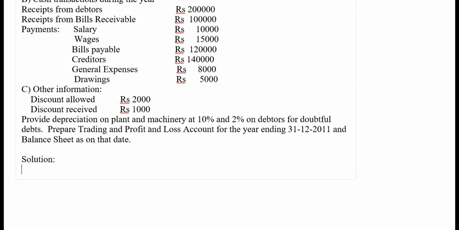Here Mr. Mohan Rao's statement of affairs as on 1/1/2011. Sorry, the opening capital is given here, so we need not prepare the opening statement of affairs.